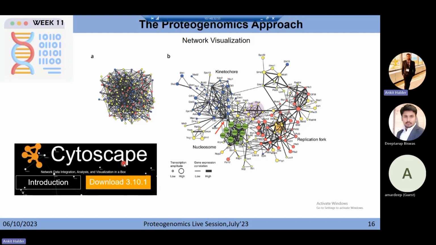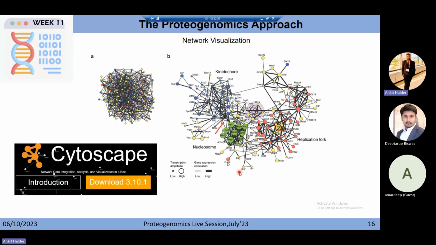Like in WGCNA, weighted gene correlation network analysis, where you can provide the input values in NetGSort. Similarly, for STRING and the protein interactions, you can directly look into the Cytoscape visualization.